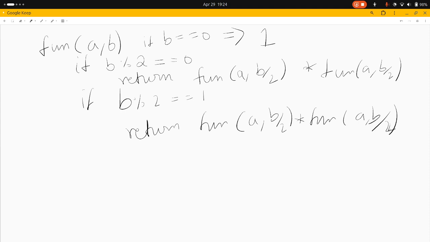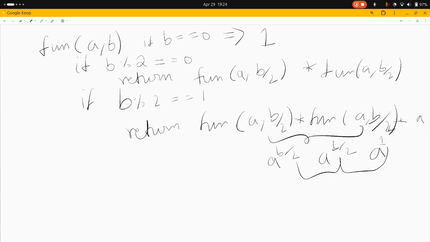If b percent 2 equals 1, we still return function a, b by 2, times function a, b by 2, and then multiply this by a. What this is doing is calculating a for b by 2, then multiplying by a. By adding these terms, here it will be 1, then we get b. This is a basic code for binary exponentiation with O of log b complexity.